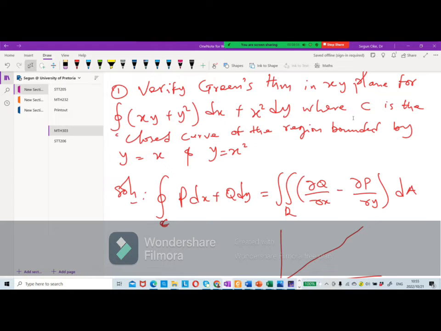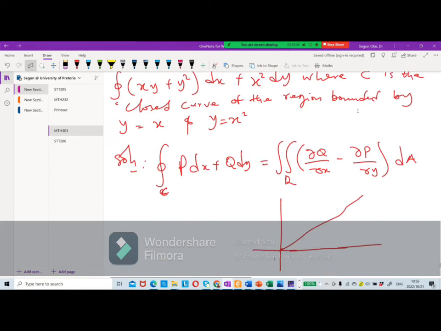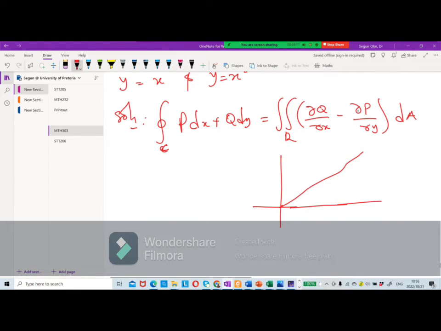Okay, so when you have y equals x, it is in this plane, then we have this side to be (0, 0).